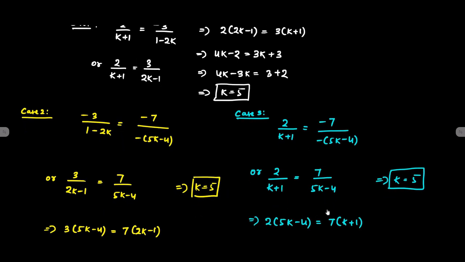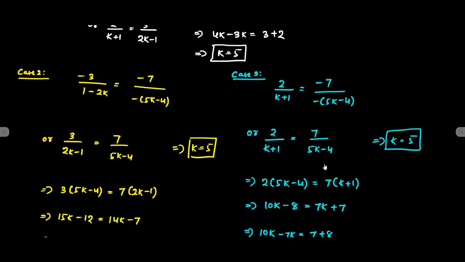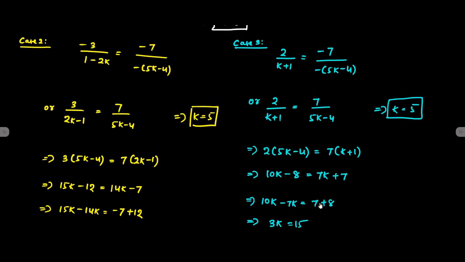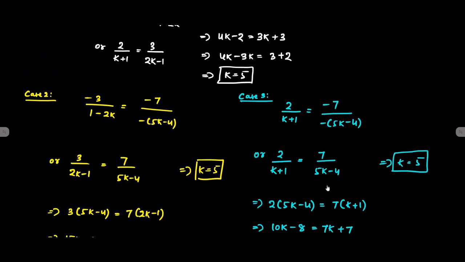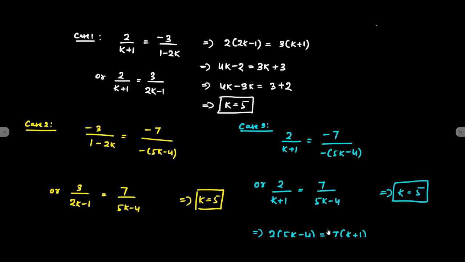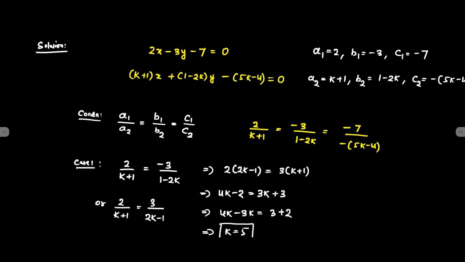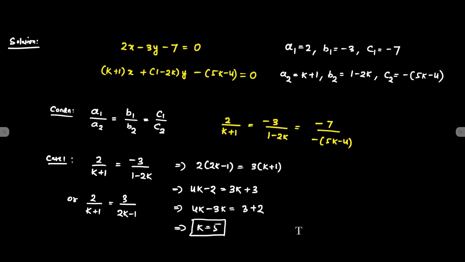Otherwise there is some mistake. So it's a good way to double check, triple check your answer. So for k is equal to 5, the system of linear equations will have infinitely many solutions.